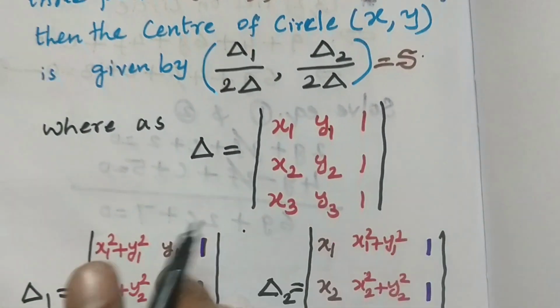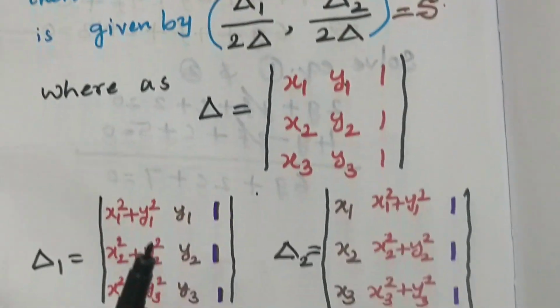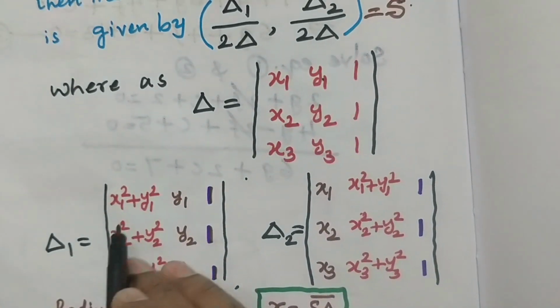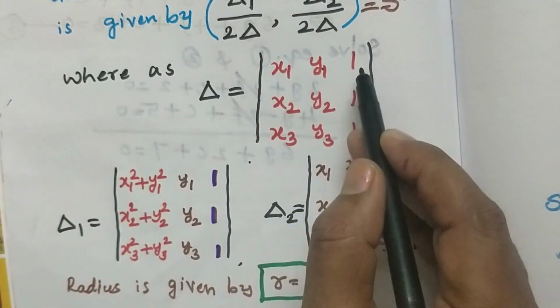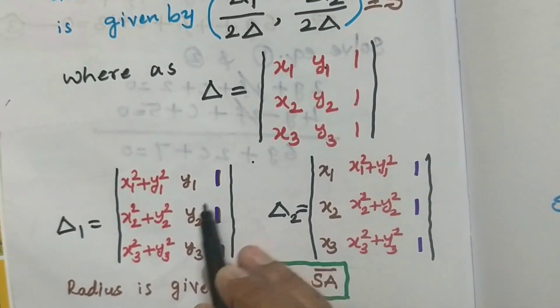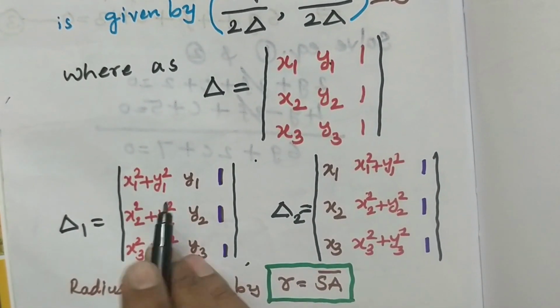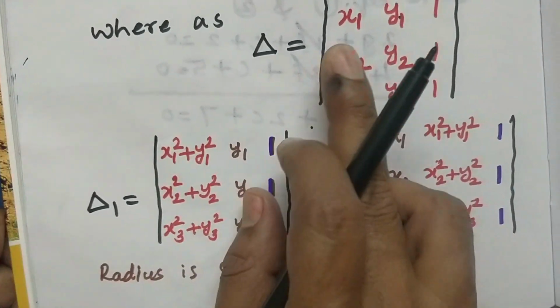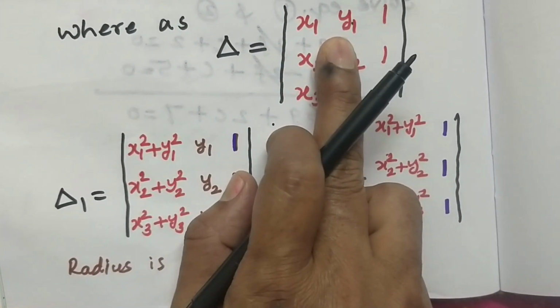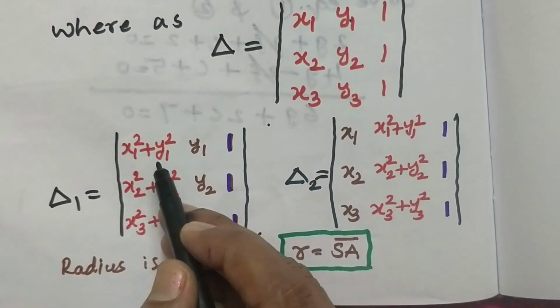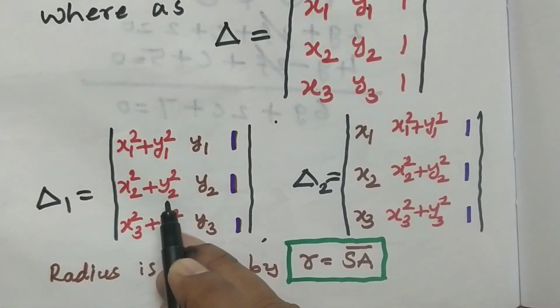And delta 1: write y1, 1, y2, 1, y3, 1 as it is, and in the first column you write the sum of squares x1 square plus y1 square, x2 square plus y2 square, x3 square plus y3 square.